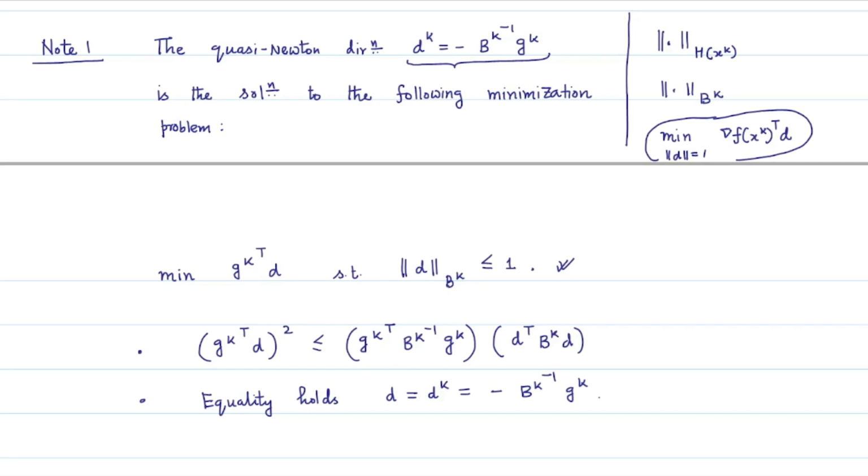And here you notice that at each and every iterate, this bk gets changed, and therefore this metric or this norm gets changed, and hence quasi-Newton methods are called variable metric methods.